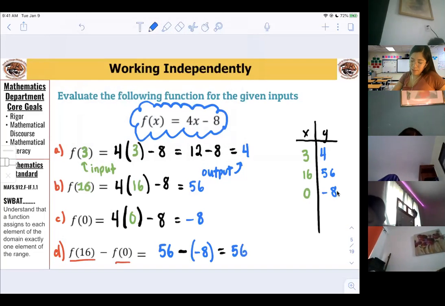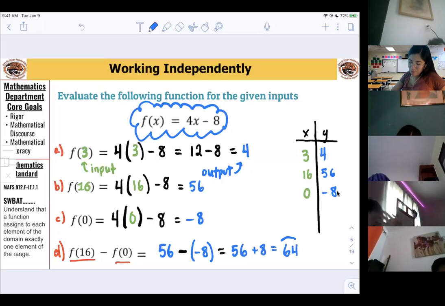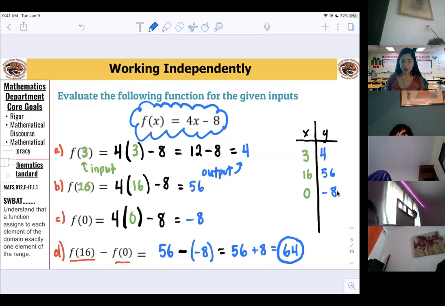It's the same thing as 56 plus 8, which equals what? 64. Exactly, and that's my answer for that question. For this one, I'm not going to put it in my table because it's not just an input versus an output. It was a different type of problem.